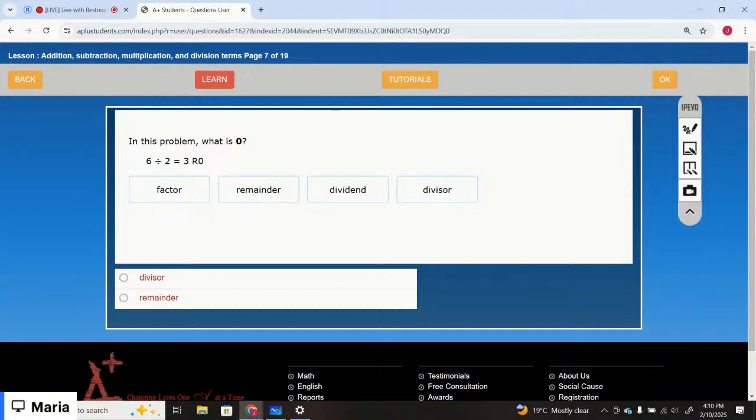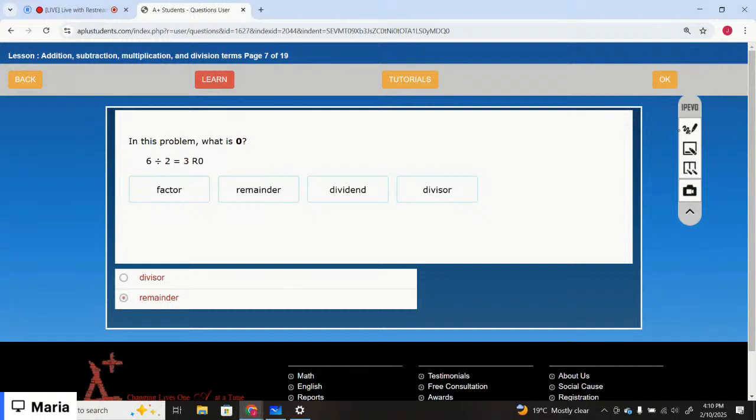In this problem, what is 0? That is remainder.